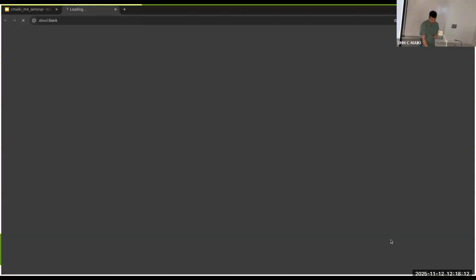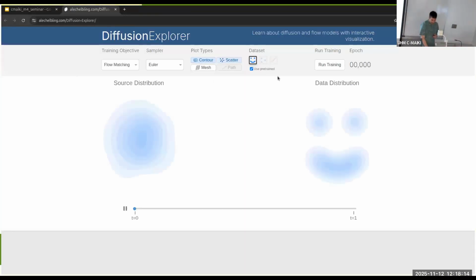If you look in really low dimensions, this is a simple example where these are your samples from a normal distribution, and then you have this data distribution.